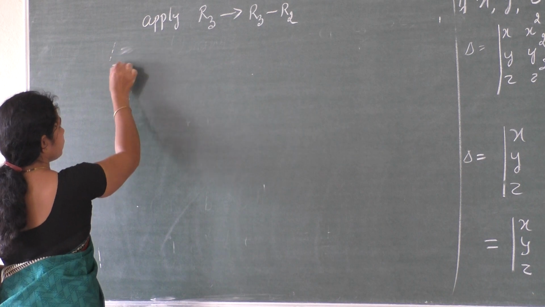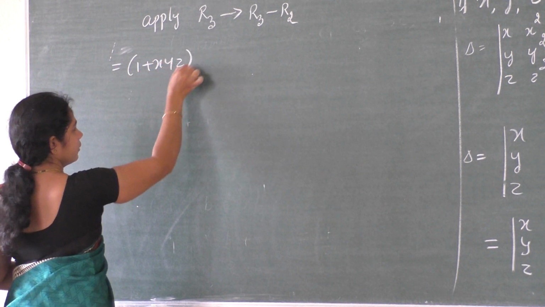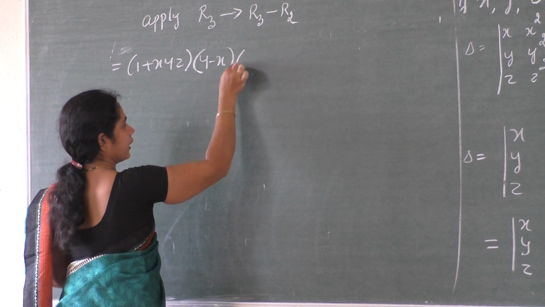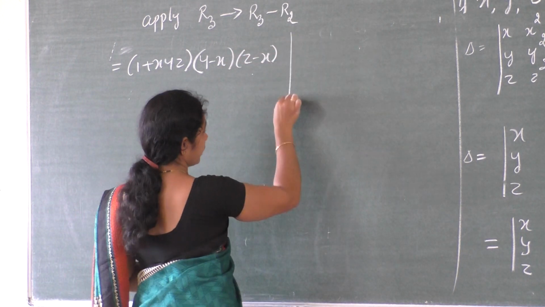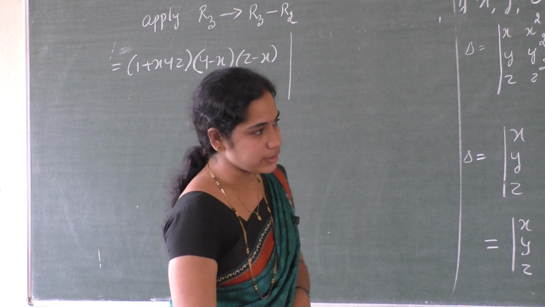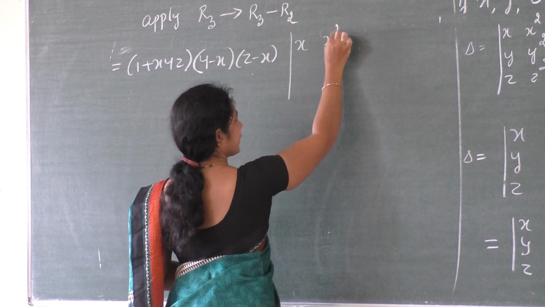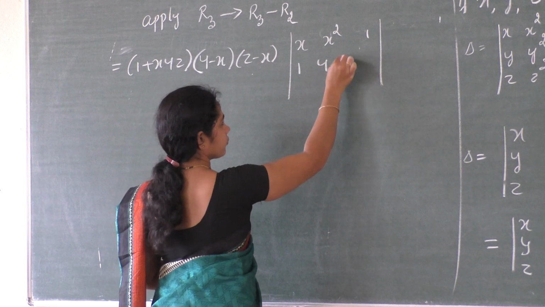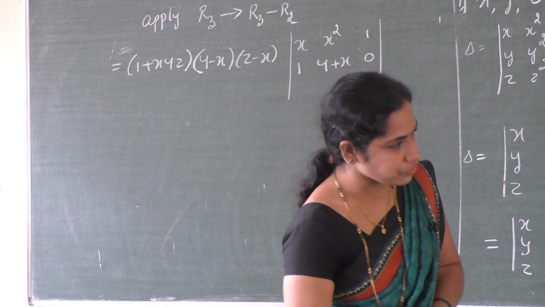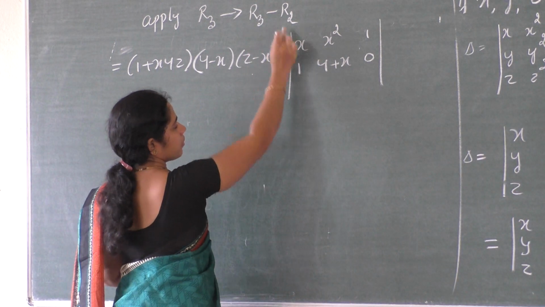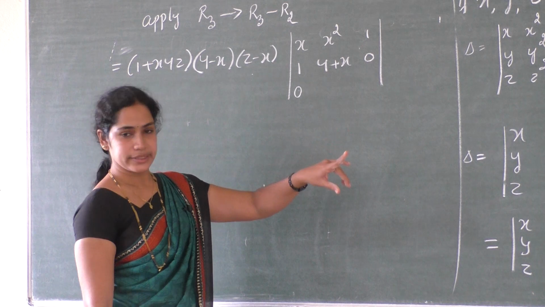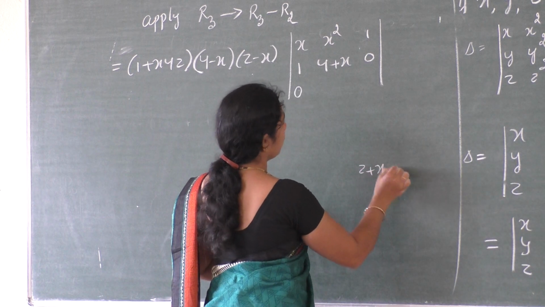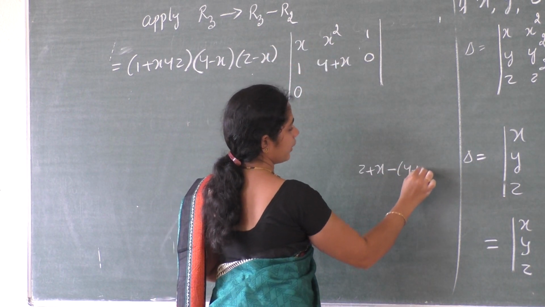What is outside? 1 plus xyz into y minus x into z minus x into, only R3 changes, first and second row as it is: x square 1, y plus x, 0, 1, z plus x. R3 minus R2: 1 minus 1 is 0, then z plus x minus y plus x.